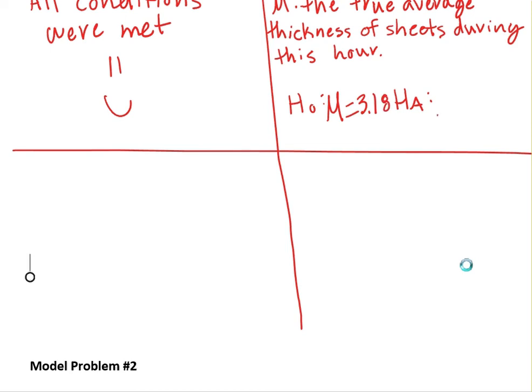So they do not care if it's above or below. It's a problem if it's too big or too small in this situation. So that means that we want to run what we call a two-sided t-test.